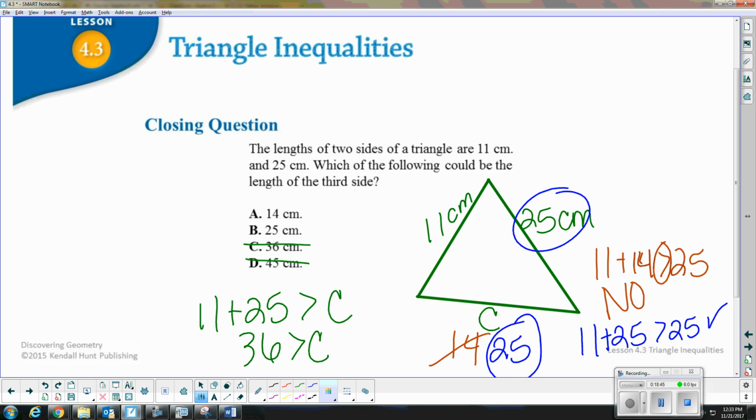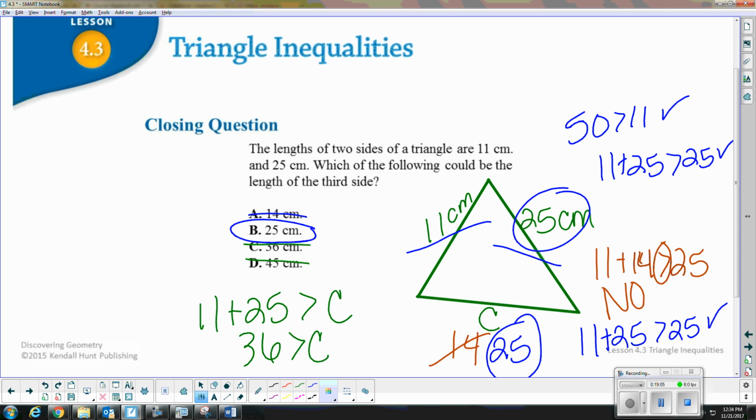Is 25 plus 25 greater than 11? Is 50 greater than 11? Yes. And now these two? Is 11 plus 25 greater than the other side? Yes, it is. So it can't be 14, it has to be 25 centimeters.